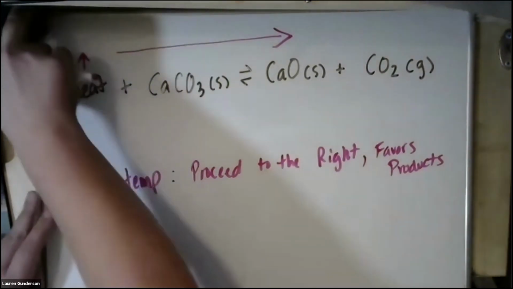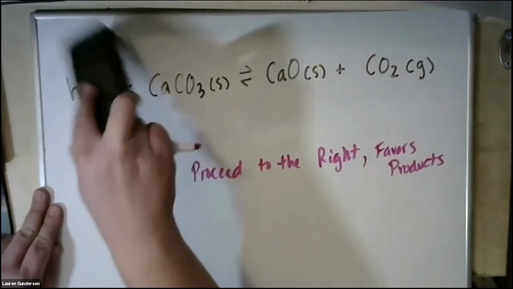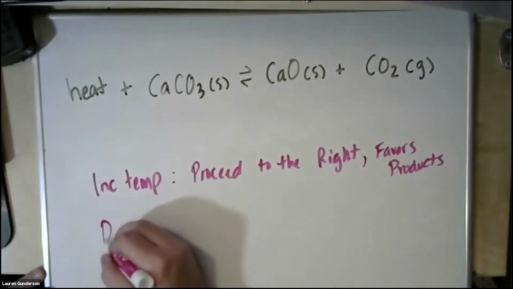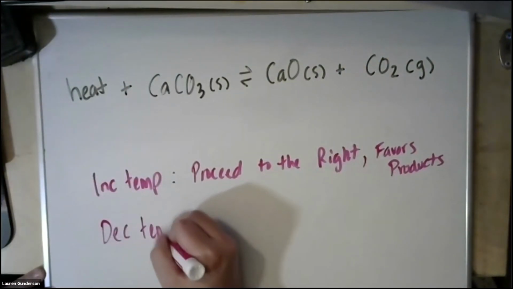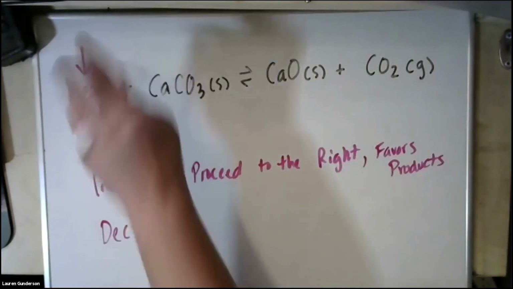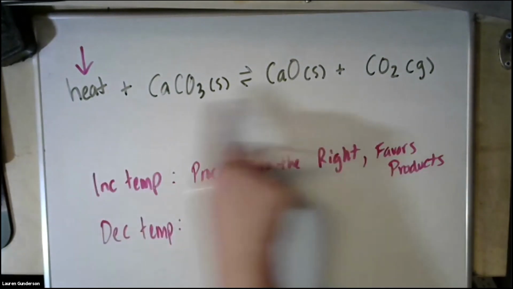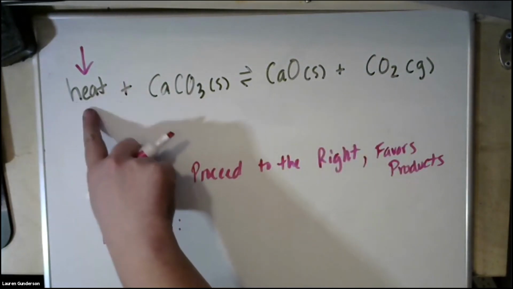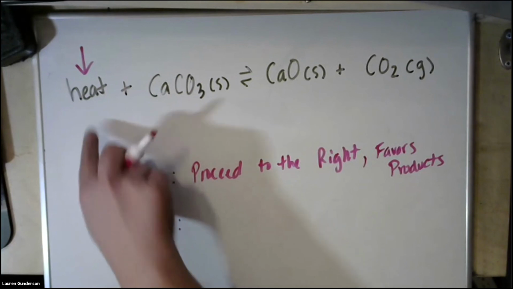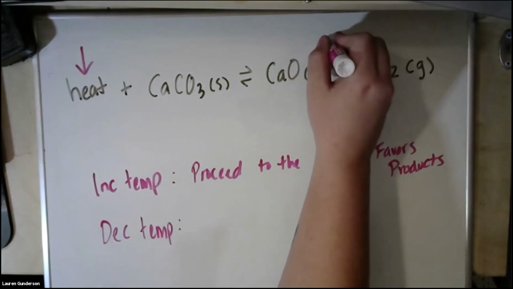On the other hand, if we decreased the temperature, we put this thing in an ice bath or something like that, all of a sudden, we're removing one of the reactants from our mixture. And if we remove one of the reactants, then in order to establish equilibrium, the reaction is going to try to replace it.